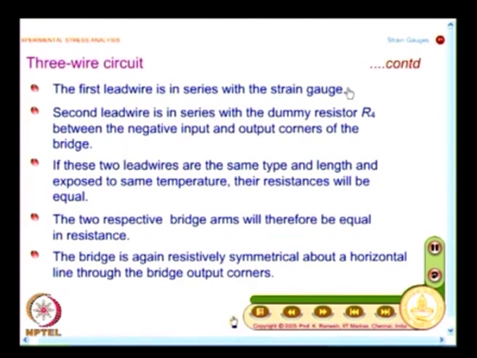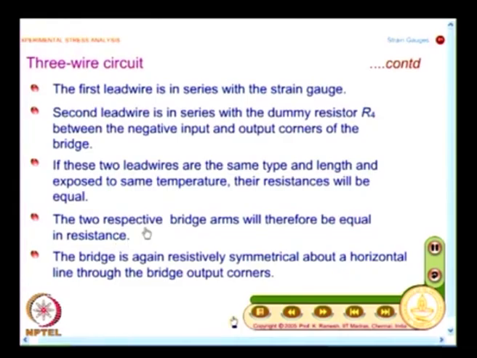So, I have lead wire on 2 different arms, and obviously, you are going to have these 2 lead wires of the same type and length and exposed to same temperature, the resistance will be equal. Because I have lead wire connected to 2 arms, the 2 respective bridge arms will therefore be equal in resistance. There is no imbalance.